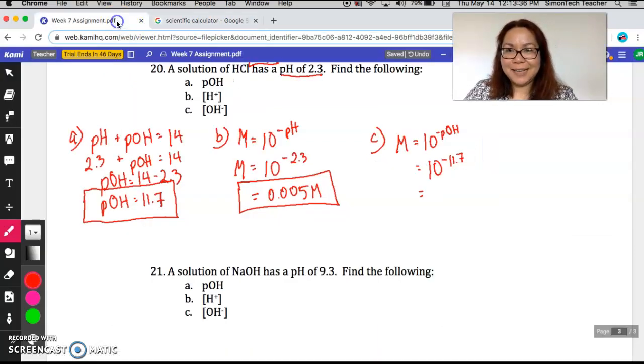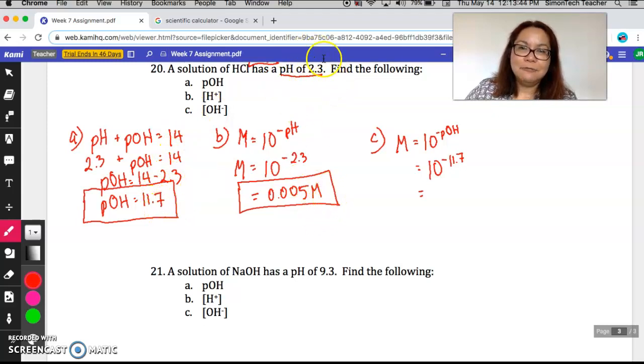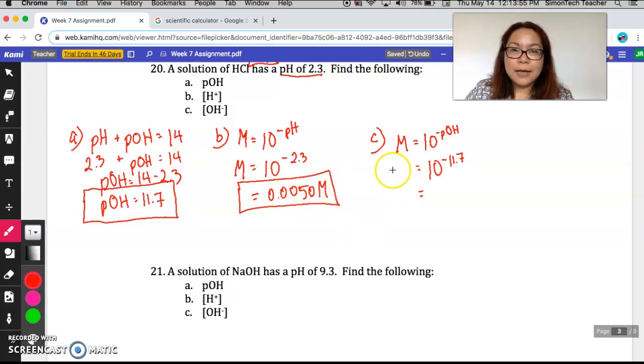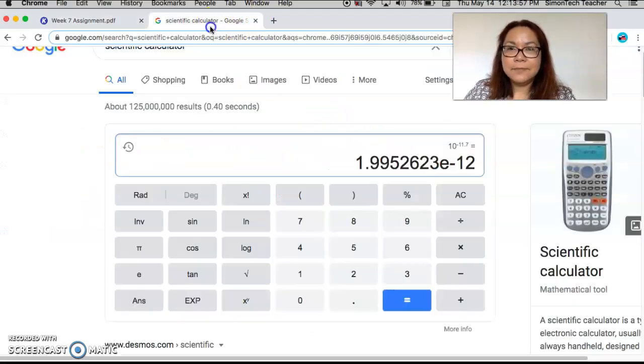Going back to this problem, still using 2 sig figs here. 2.3 is 2 sig figs, 11.7 is 3 sig figs. We're going to use the least amount of sig figs. So 2 sig figs will make it stop right here.